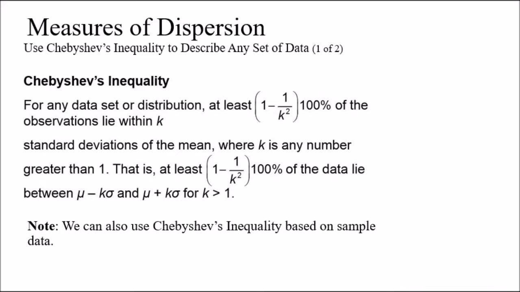That is, at least 1 minus 1 over k squared times 100% of the data lie between mu minus k sigma and mu plus k sigma, where k is greater than 1. We can also use Chebyshev's inequality based on sample data. Replace mu with x bar and replace sigma with s.